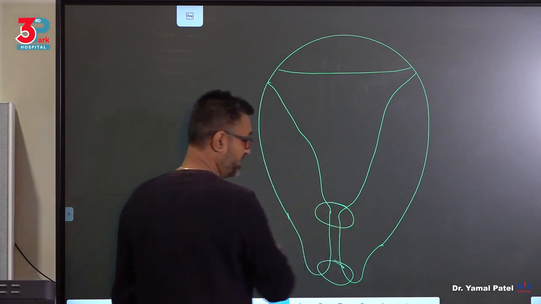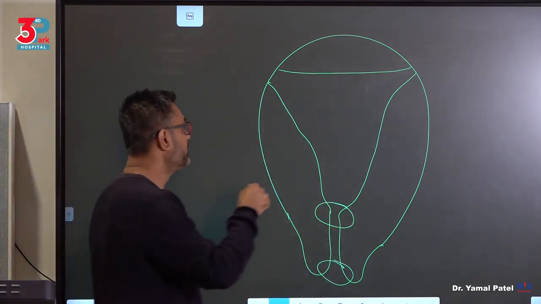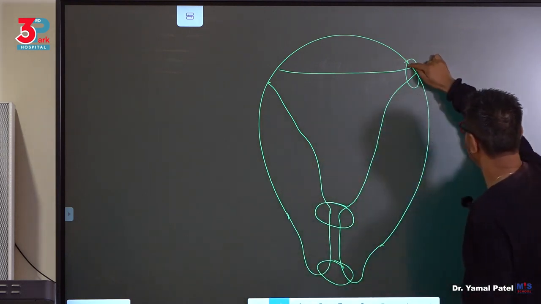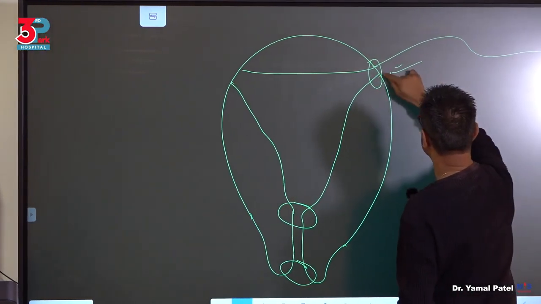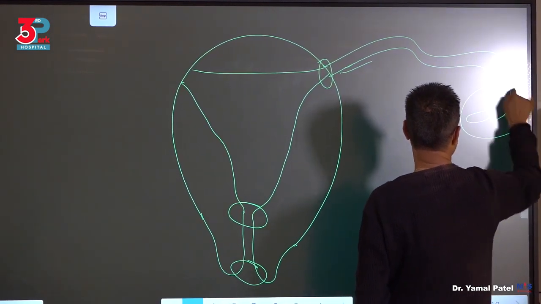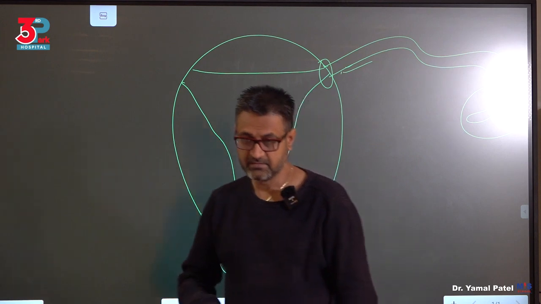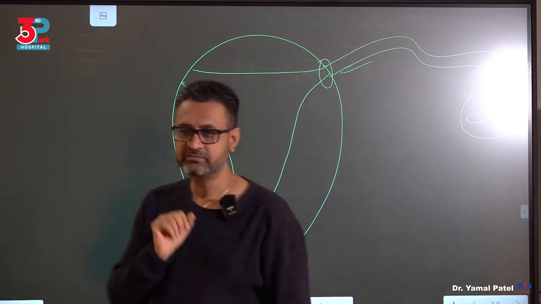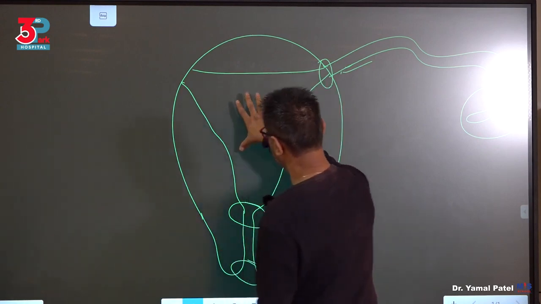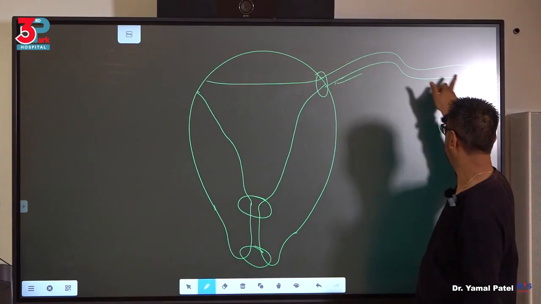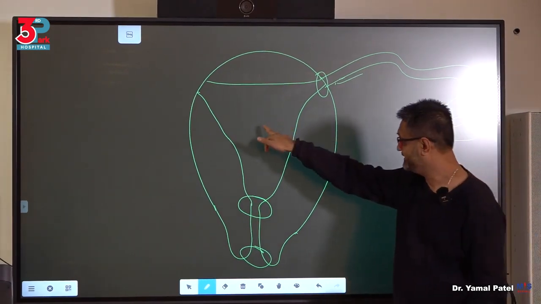This is a major valve, the internal os. This is another valve, the ostium. And this is another valve, the fundal end. Make sense? So for you to be able to see this cavity, because your interest is this. Your interest is not this. Okay? Your interest is this.